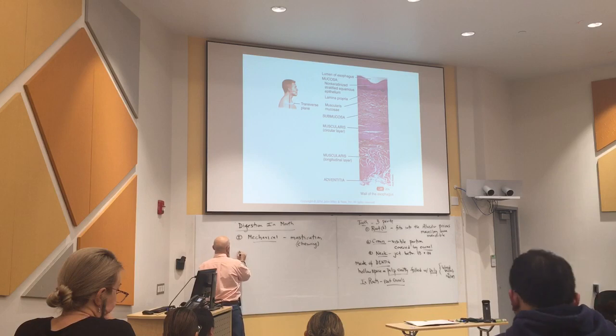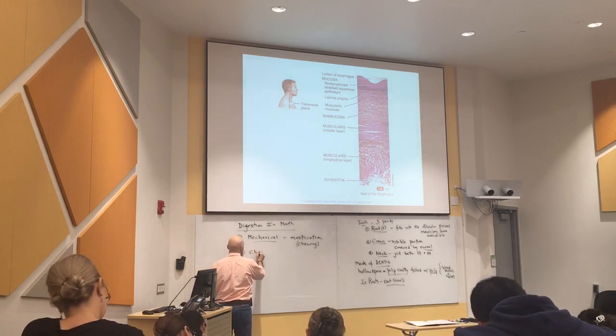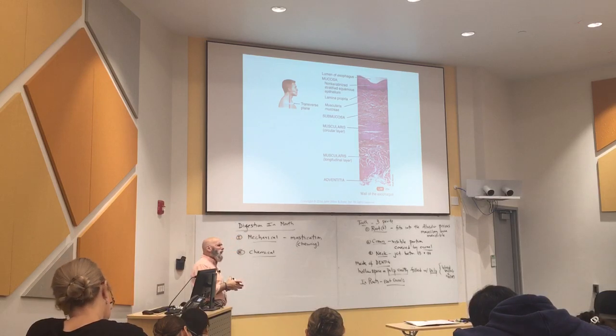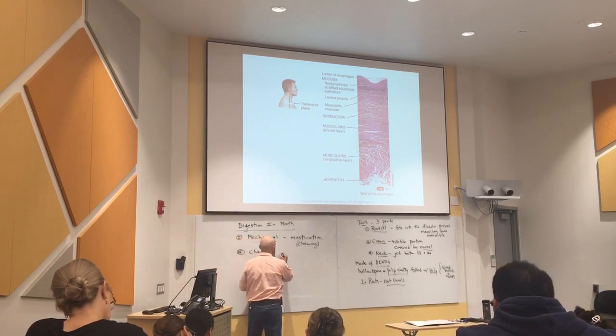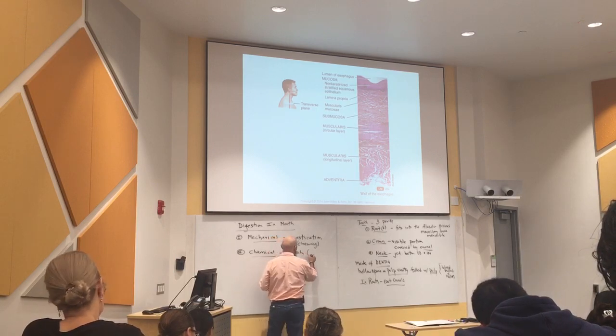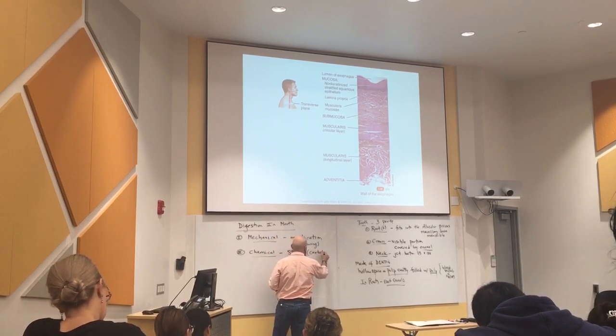And then we have chemical digestion also taking place. The main chemical digestion that goes on in the oral cavity is the starch digestion. We're going to digest starch, which is a carbohydrate.